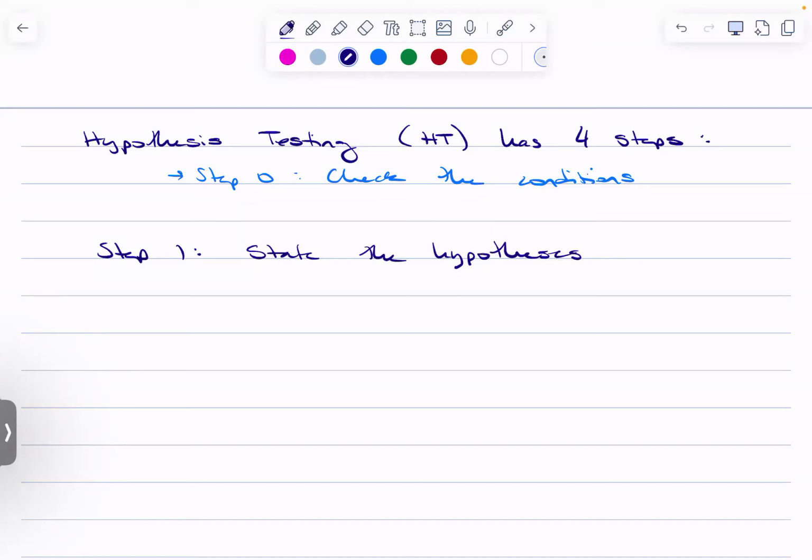Now, what's going to happen is if you have some idea about the population, right, there's a chance that you're wrong, right? And so what we call the null hypothesis, we denote with a capital H subscript 0. This is called the null hypothesis.